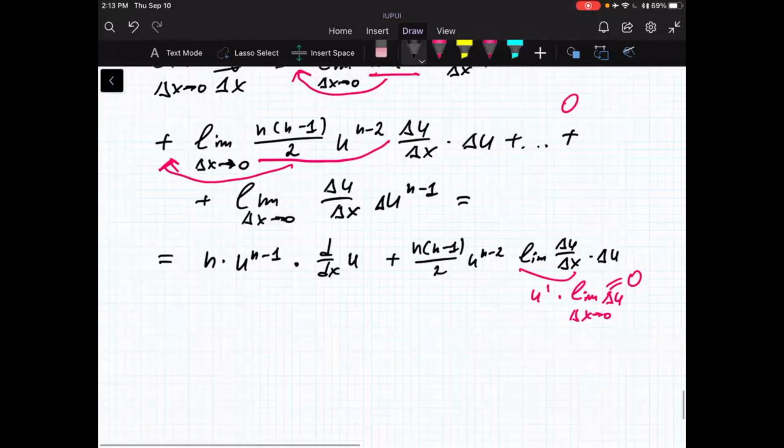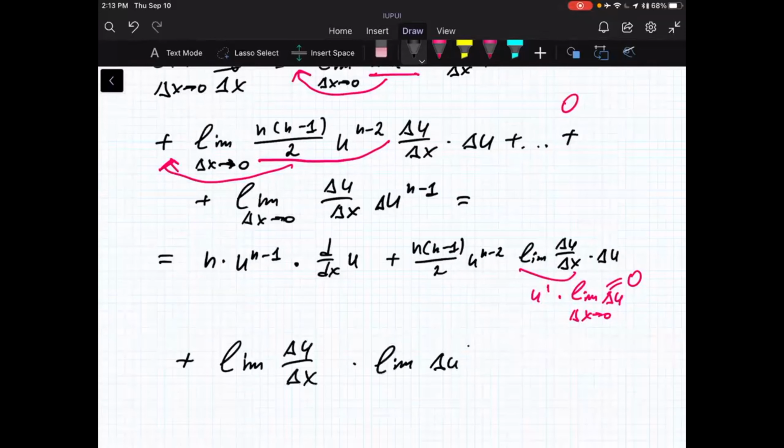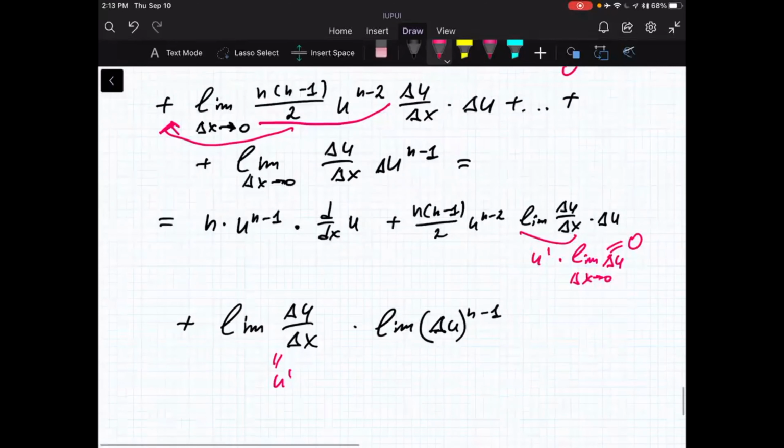And the same story with the last term, because again you have u prime times the limit of delta u to the power n minus 1. This is u prime, and it's finite because u is differentiable.